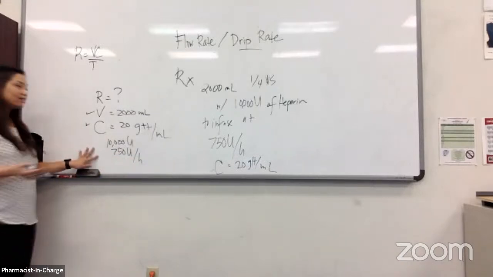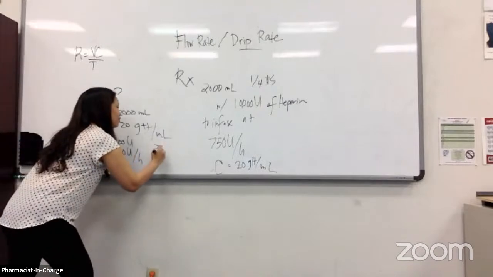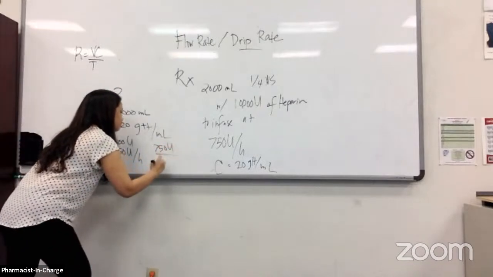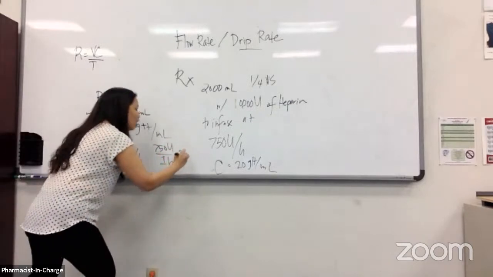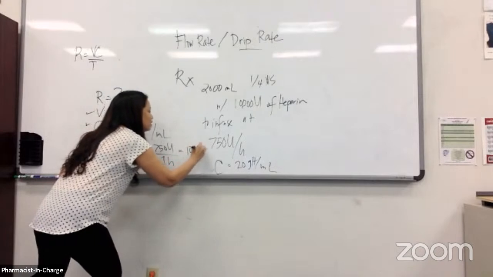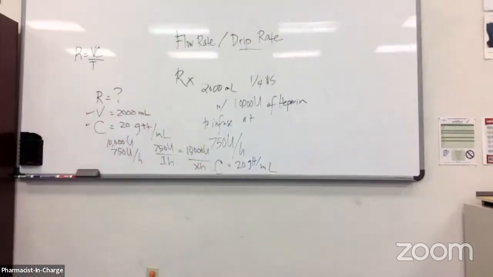And it's as simple as ratio and proportion, which is: if there are 750 units infusing per hour, how long will 10,000 units infuse in terms of hours? You see that? I just calculated a time based on the other two numbers that are given.